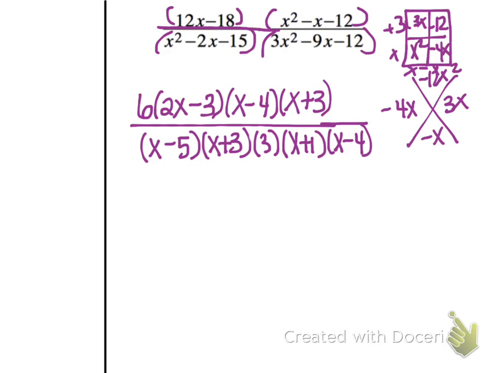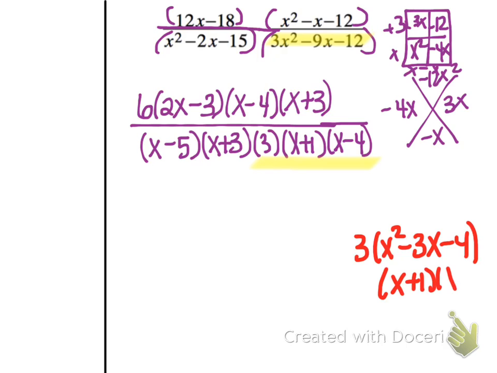Now one thing I do want to point out is this second group here, the 3 times x plus 1 and x minus 4. If you look up here at that original quadratic, you'll notice it had a common factor of 3. So you could have in the start, before you used your diamond and your rectangle, taken the 3 out and you were left with x squared minus 3x minus 4, and then you would have factored that from there to get the x plus 1 and x minus 4.